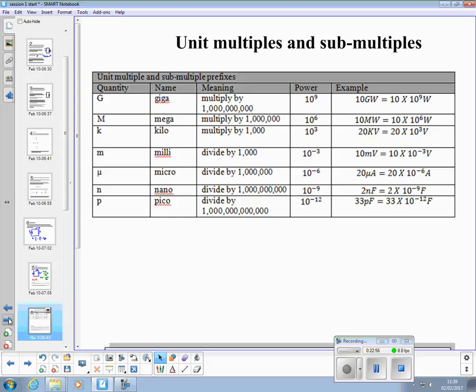So if you've got a mixture in your circuit, you've got kilovolts and amps, the best way to deal with that is to put the kilo one in as times 10 to the 3. We'll be looking at some problems that will involve that later on. Each of those have a multiplier to a power, and they step up and down in threes because it's always division or multiplication of 1,000.